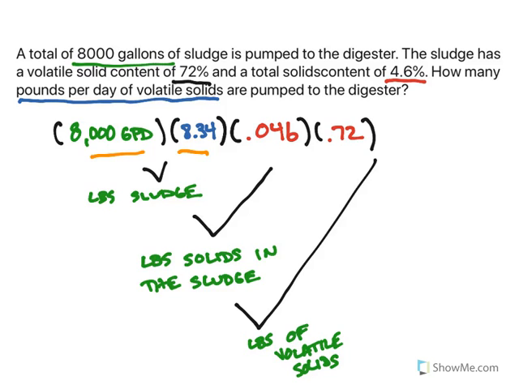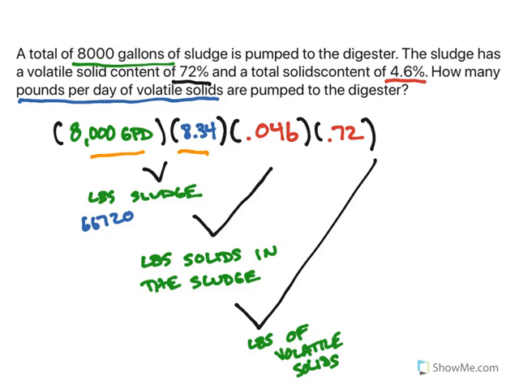So let's go ahead and multiply this all the way out, given the numbers that we were given. 8,000 gallons times 8.34 is 66,720. So 66,720 pounds of sludge. Out of those pounds of sludge, only 4.6% are pounds of solids.